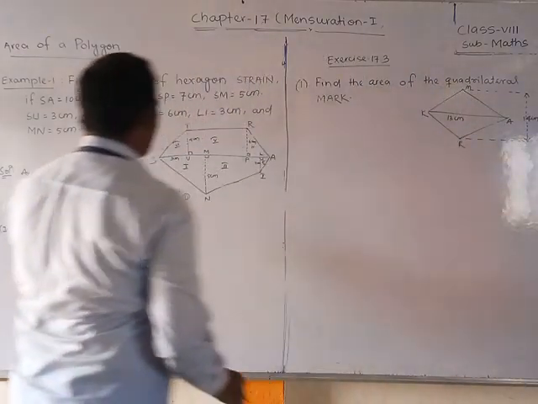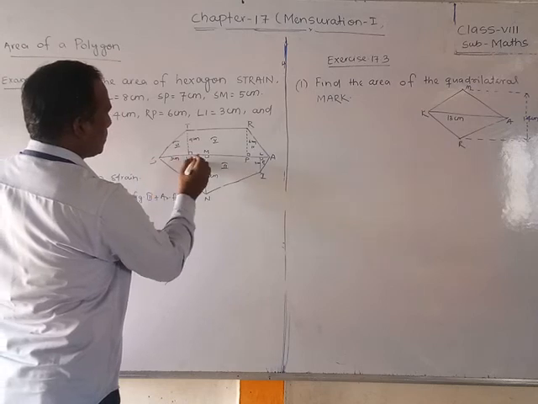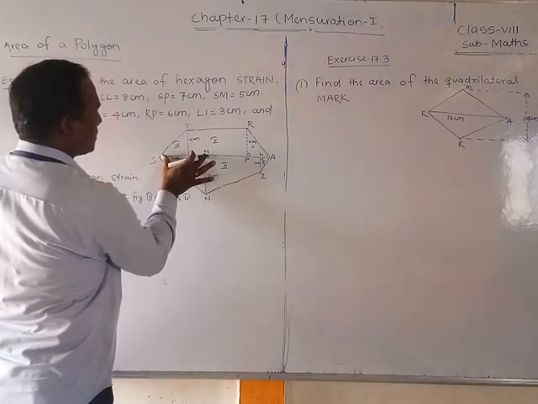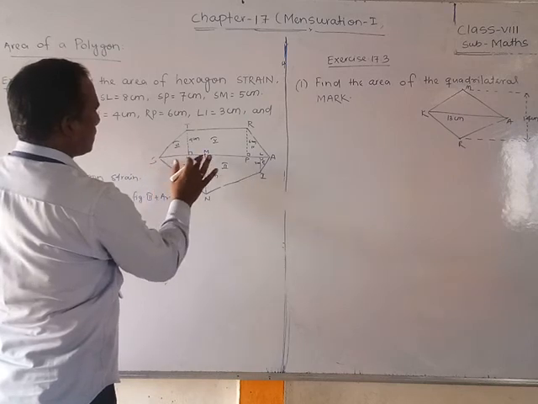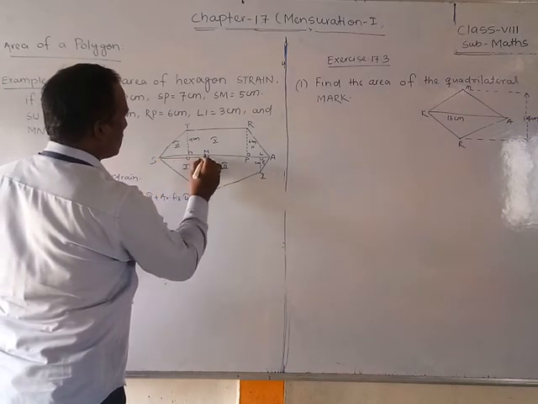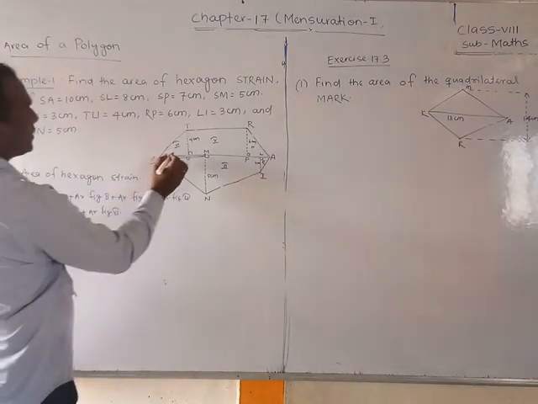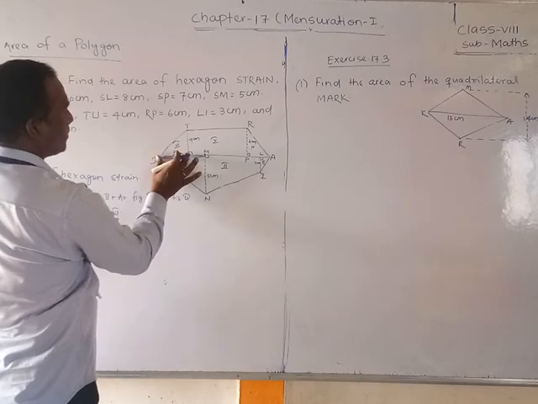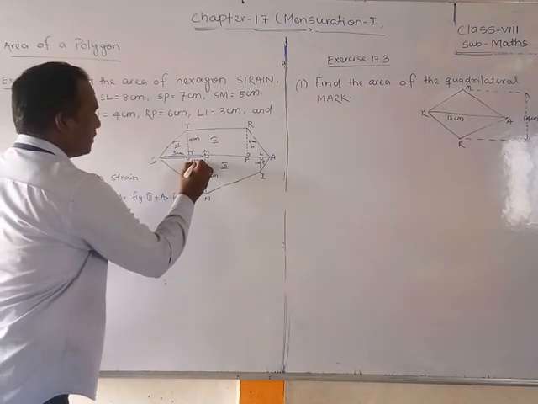Okay students, so now we have to find out from here to here, actually how much. You have to write down SM is equal to 5 centimeters. So from here to here total 5 centimeters are there, and SU how much? 3 centimeters. This is 3 centimeters, this is 5 centimeters, so we can write here 5 centimeter.